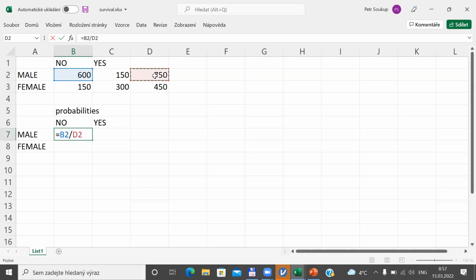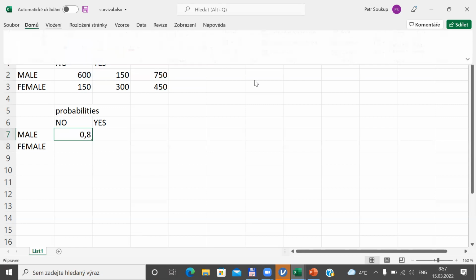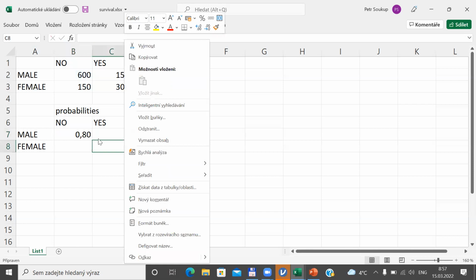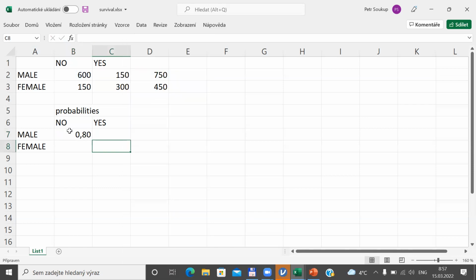According to my opinion, the probability of a male to not survive the Titanic disaster would be quite high. If I compute it, maybe I can add some more decimals here. So it is approximately 0.8.